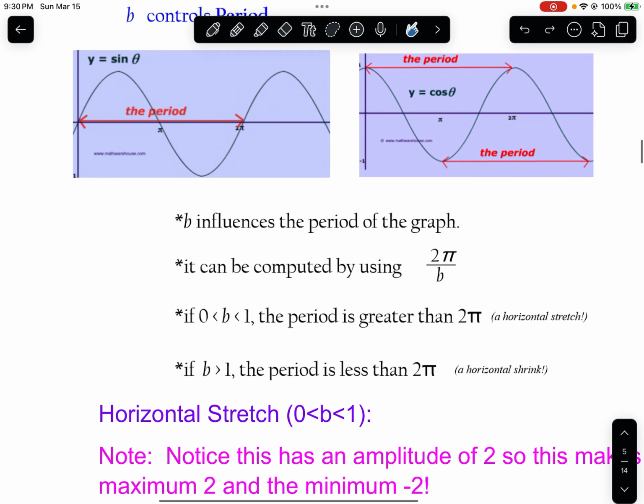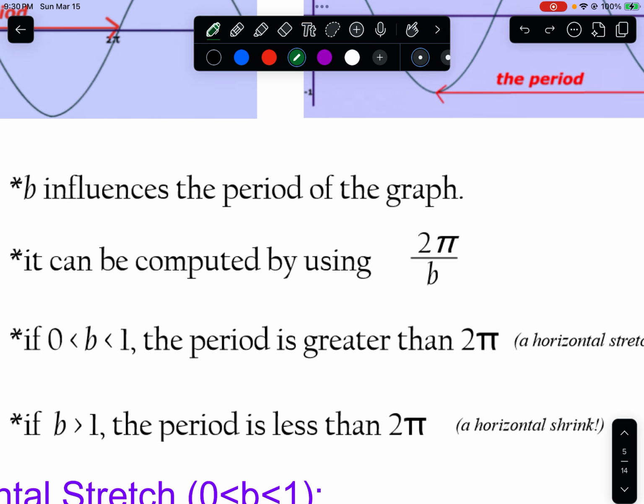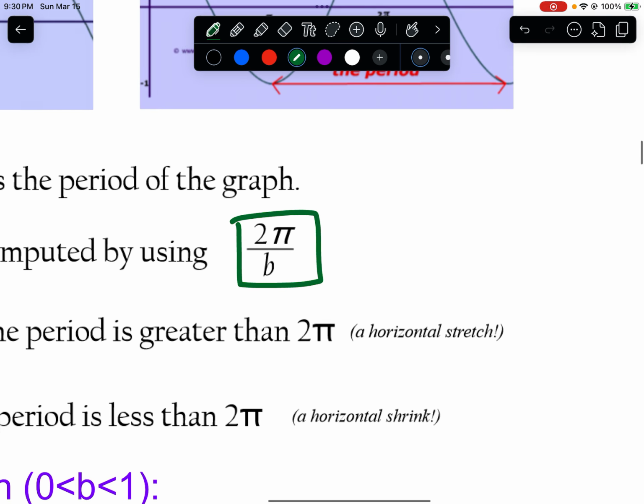Okay. Now, the role that this b value plays is we have this little formula here that says the period of a sine or cosine function is 2 pi divided by b. And if we're being technical here, it should probably be the absolute value of b, because our period should always be positive.